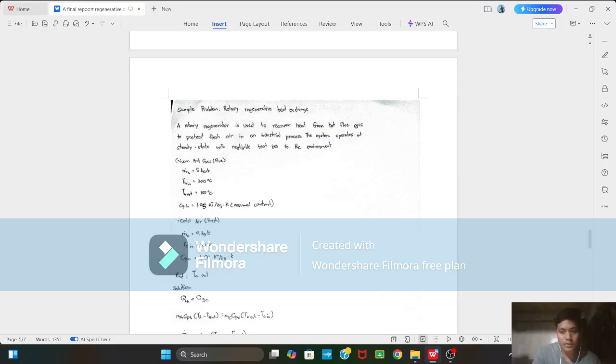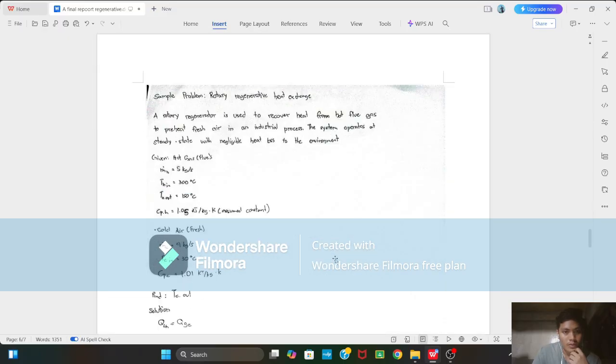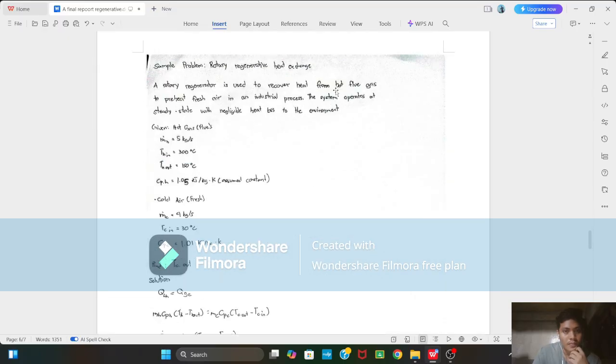The rotary regenerator is used to recover heat from hot gas or preheat fresh air in an industrial process. The system operates in steady state with measurable heat loss to the environment.